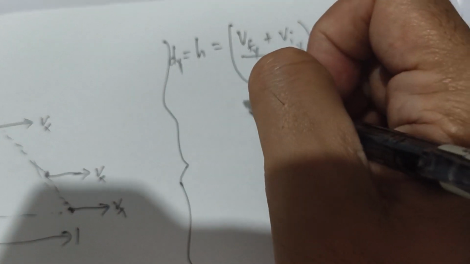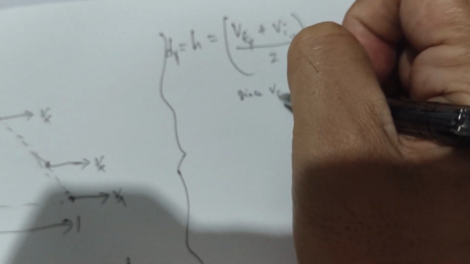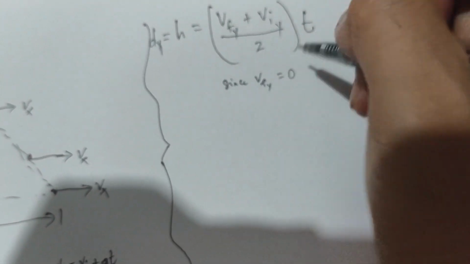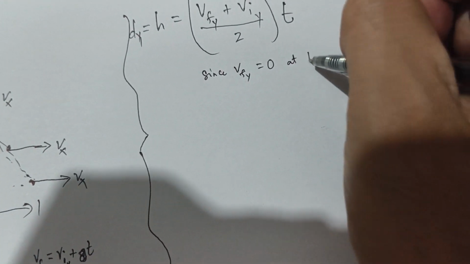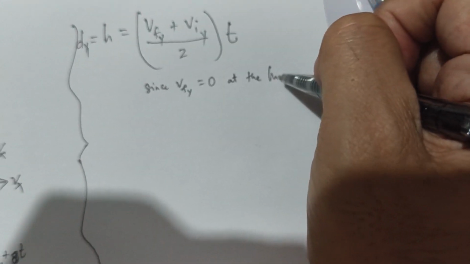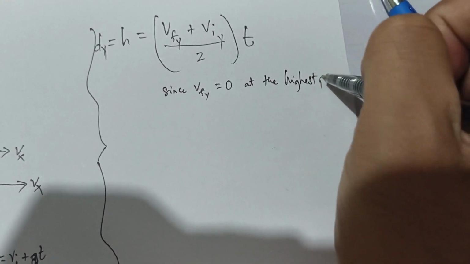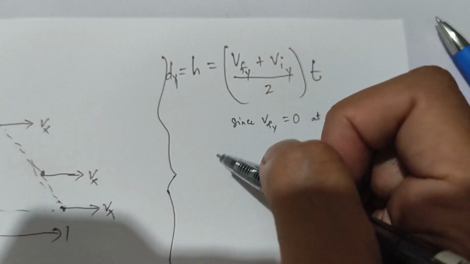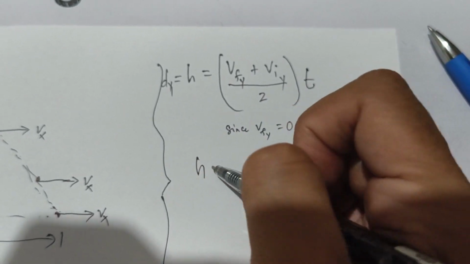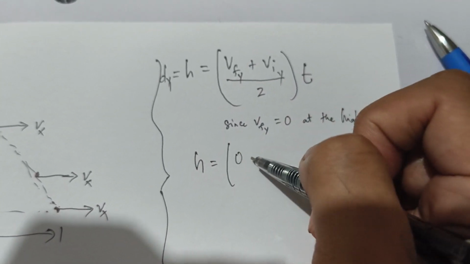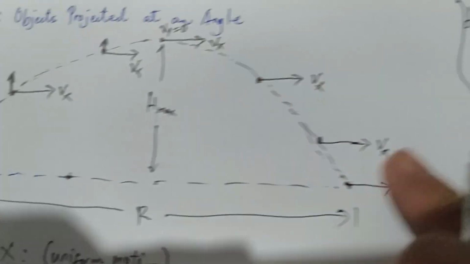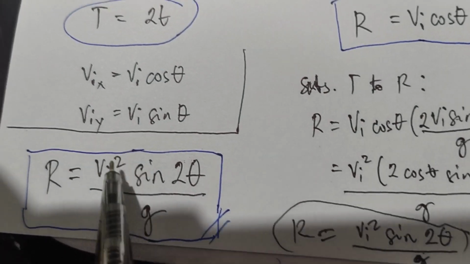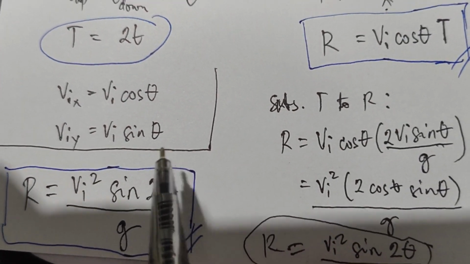Okay? Since V final y is 0 at the highest point, then the equation becomes H is equal to 0 plus V initial y. So, ito ang ating V initial y, Vi sine theta.